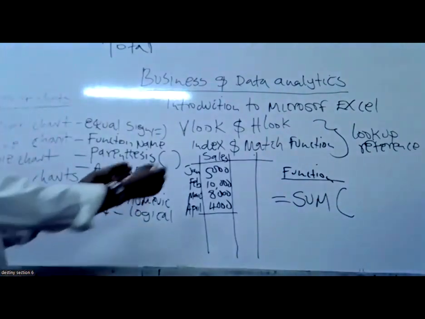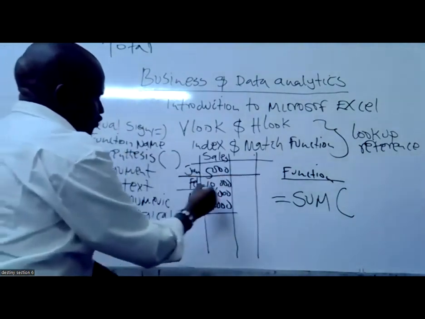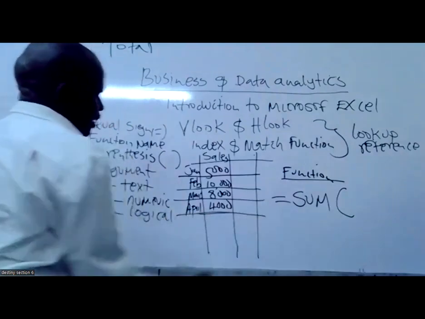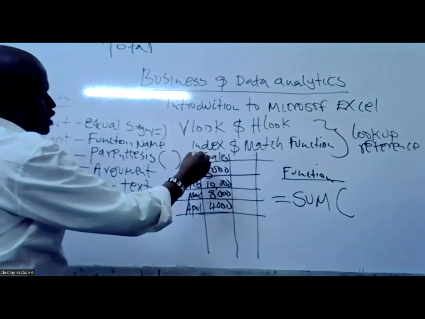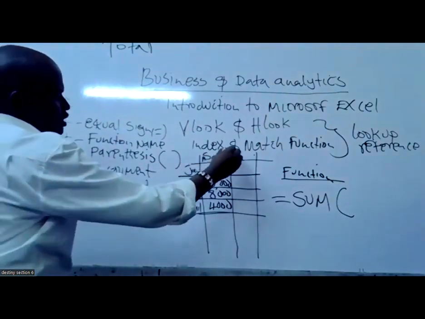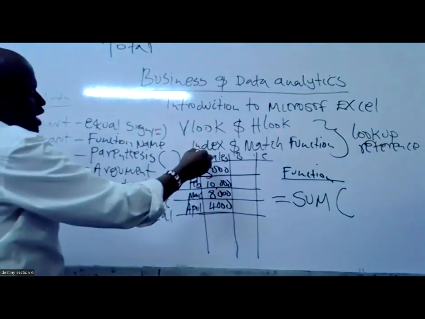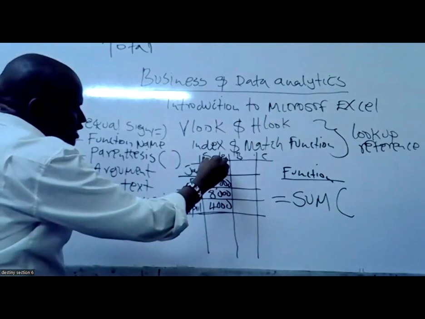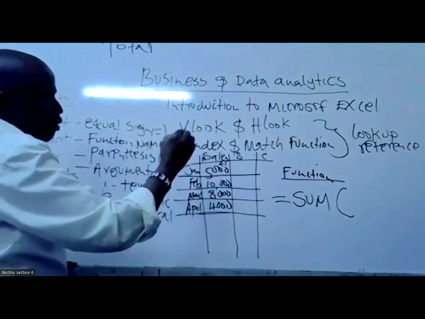Let us say this is the column, and in this column we have A, then B, and C. So column A1, this money 5,000, is A1. It is column A and then row number 1.